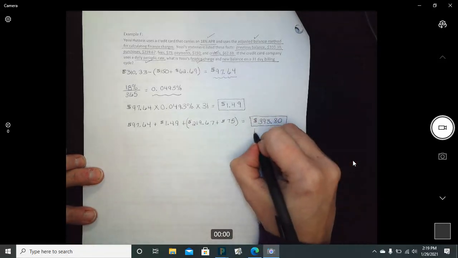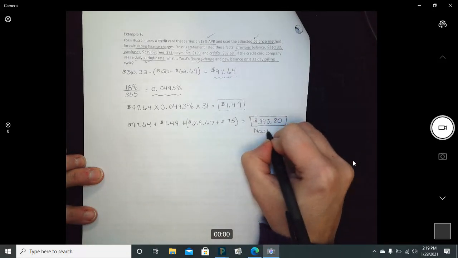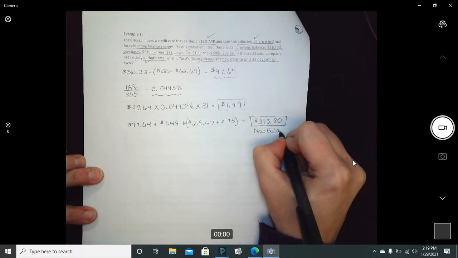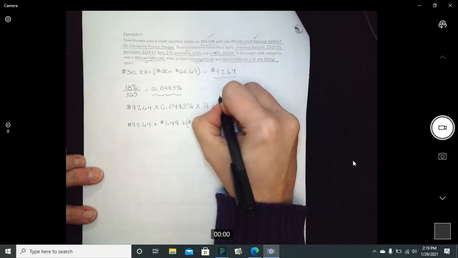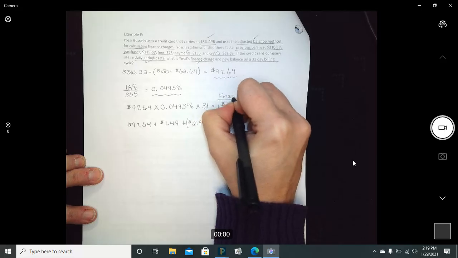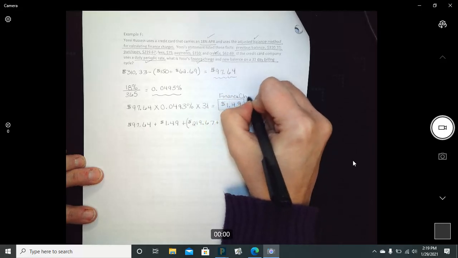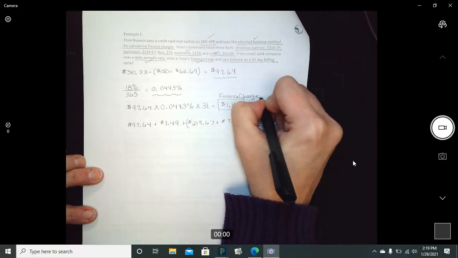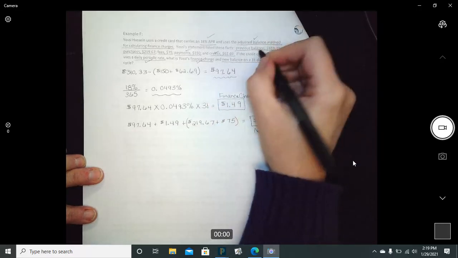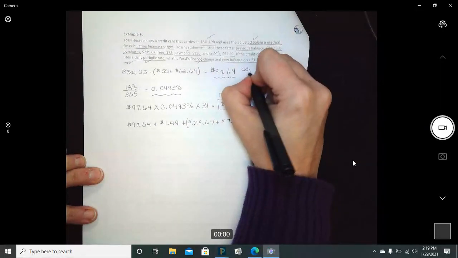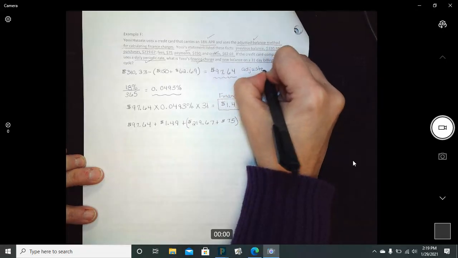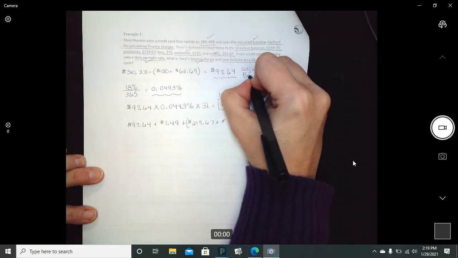So you could even write this as my new balance. This is going to be my finance charge. And this is going to be my adjusted balance.